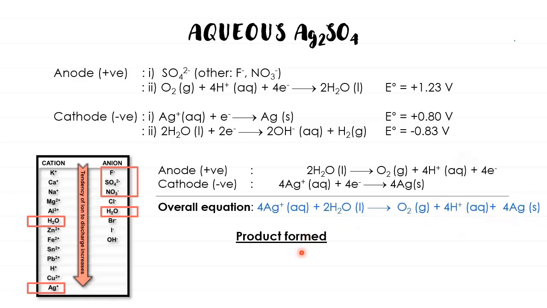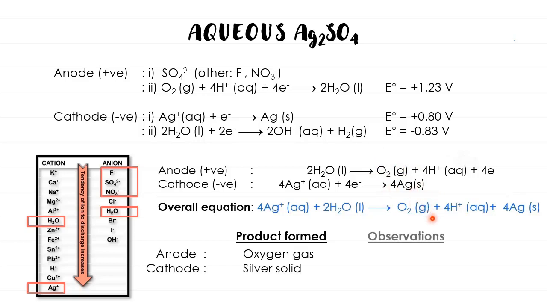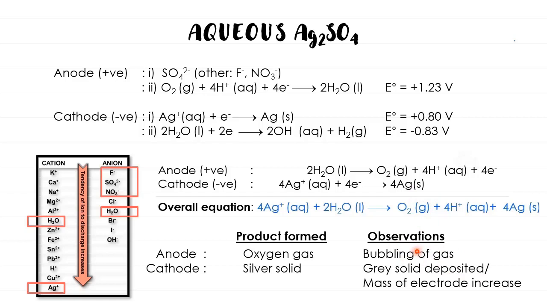Product to be formed at the anode will be oxygen gas, while at the cathode will be the silver solid. As for observations, it will be bubbling of gas at the anode, while gray solid deposited, or you could say mass of electrode increase for the cathode.